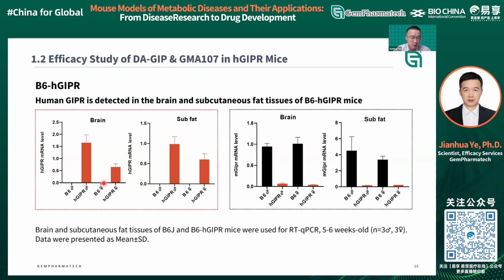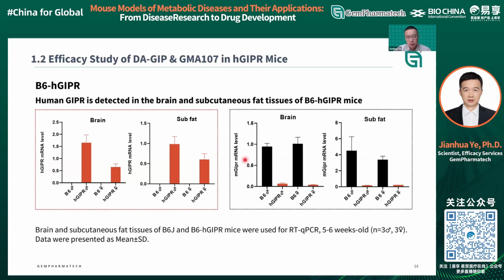But in the normal B6 mice, we do not detect the human receptor expression. And in the humanized mice, we barely detect the mouse gene expression. But in normal B6 mice, we can detect the mouse GIP receptor expression.